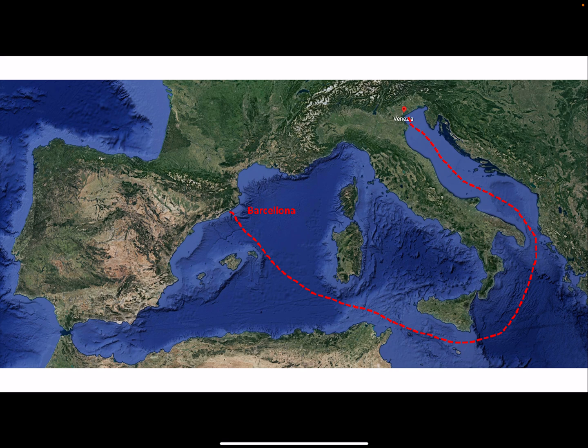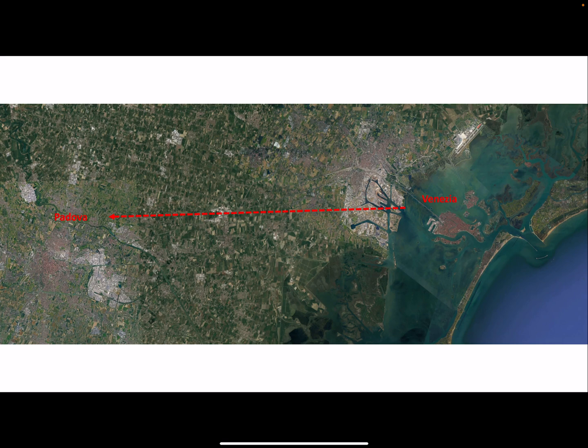He was introduced to the Doge of Venice, but the Doge also didn't know what to do with this guy. So the Doge decided to send Diego Colon to Padova, and in 1497 Diego Colon arrived in Padova from Venice.